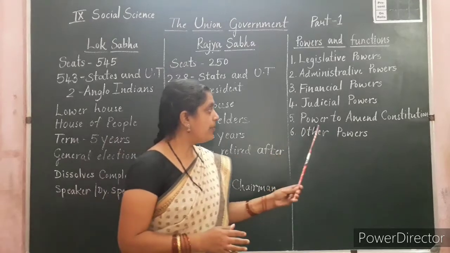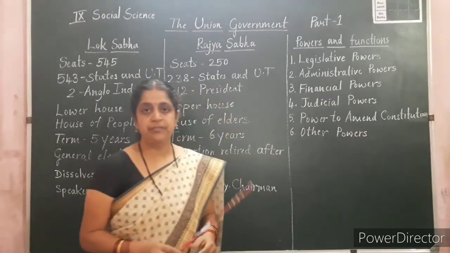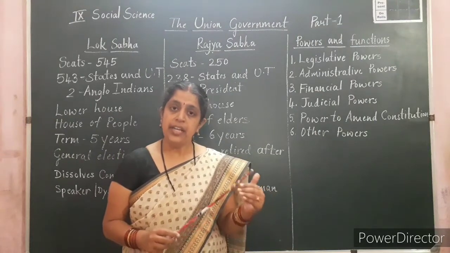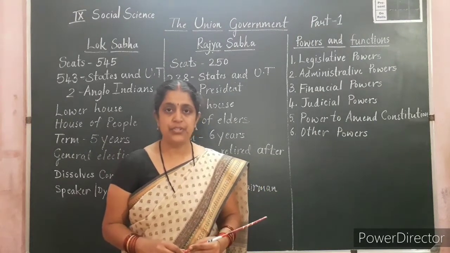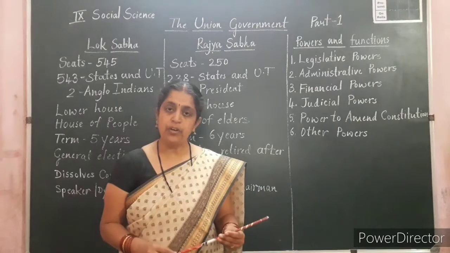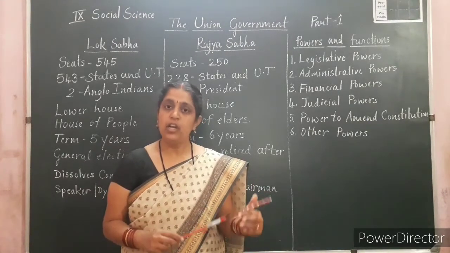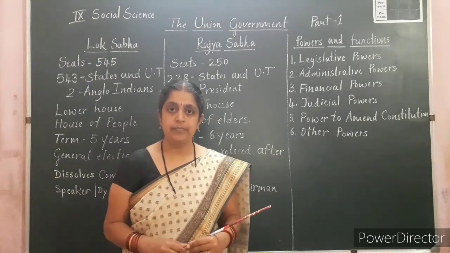Next one is the power to amend the constitution. Both the houses have equal power to amend the constitution. Approval of both the houses is necessary to amend laws in the country.